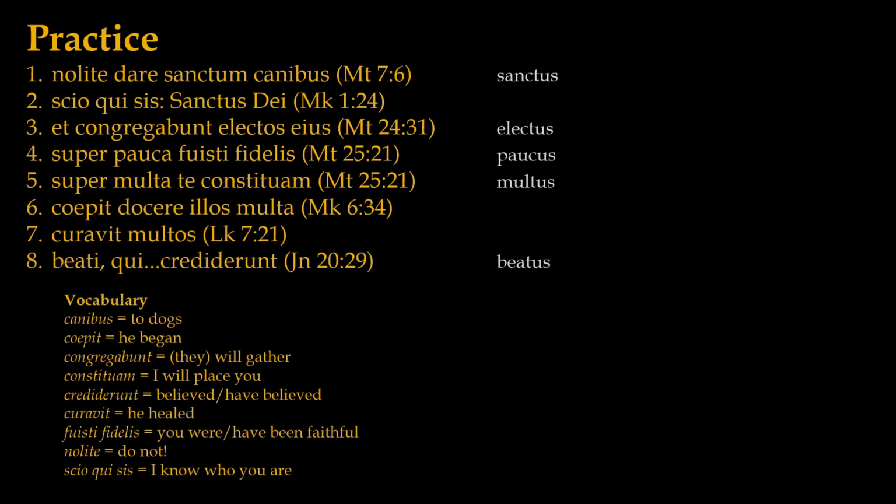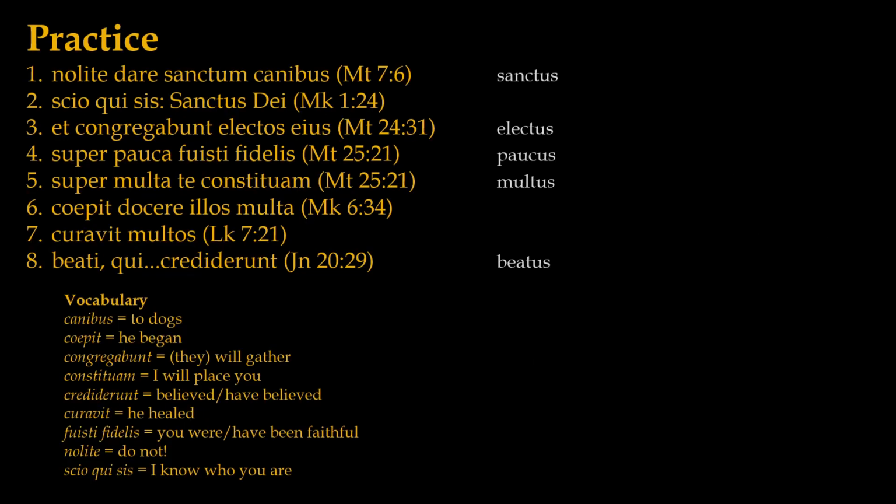Number 6. Coepit docere illos multa. Coepit, he began, docere, to teach, illos, them, multa, much, or many things, right? So he began to teach them much. He began to teach them many things.